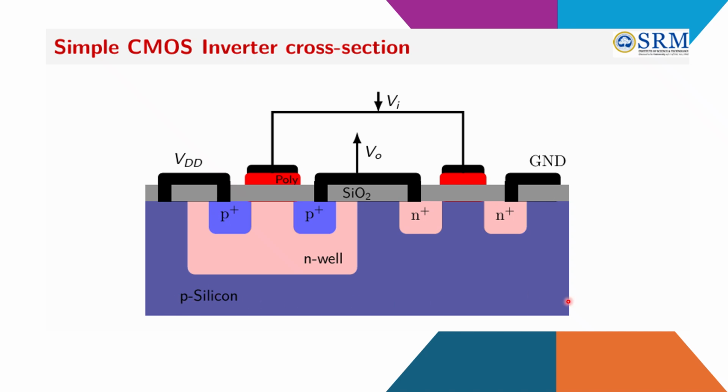So here is your substrate, that is normal P silicon, and this is the N-well. N-well means you are going to design the P type of MOSFET. So here this is your drain, here this is your source, and this is your SiO2 layer that can be developed using oxidation. After the oxidation, your silicon layer is there that you can develop using the deposition technique.